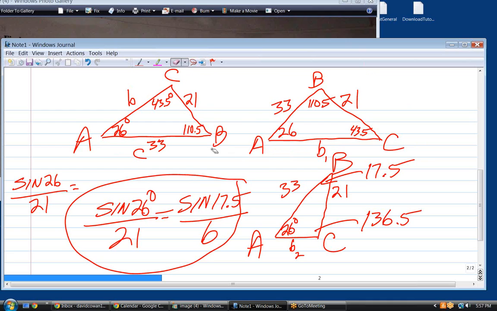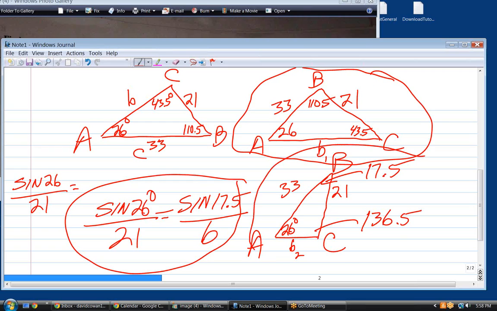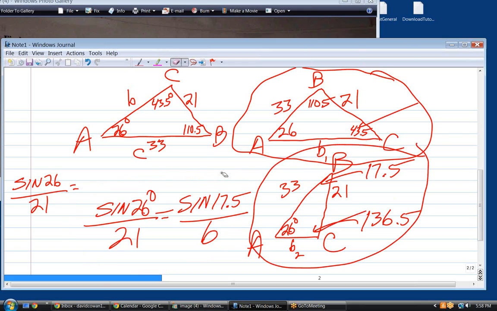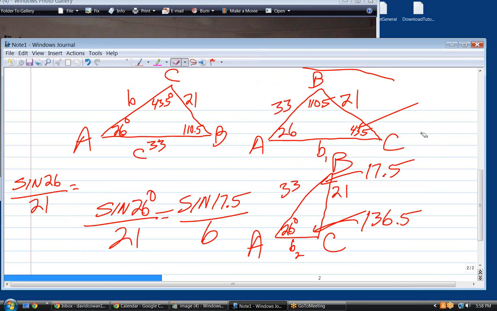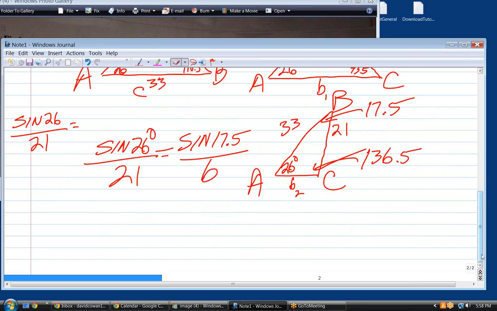And so I always put the two sides being the opposite and the upper left of the known angle that they're giving you. That way, in my head, I can always draw the two triangles this way and this way. And these two angles will always be supplementary if indeed you have the ambiguous case. Both of these first two were. So hopefully they'll give us one that is not, so we can see how that plays out.